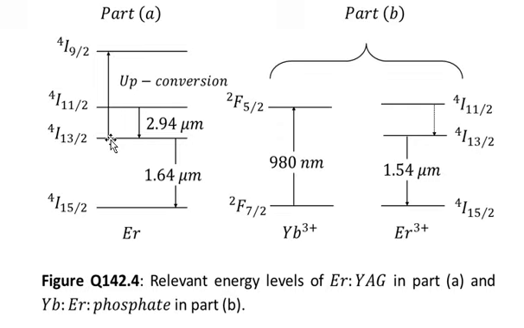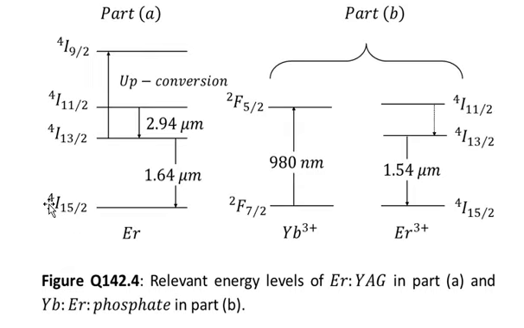As we shall see in the following paragraphs, this up conversion is required for continuous operation of the erbium YAG laser. But if pulsed operation is required, then the transition from 4I11/2 to 4I13/2 is used, and the second transition is from 4I13/2 to 4I15/2.